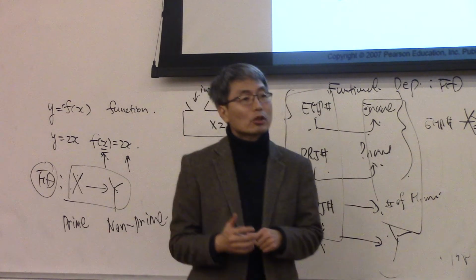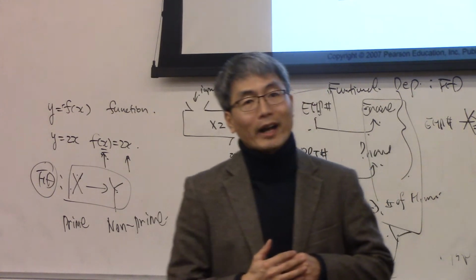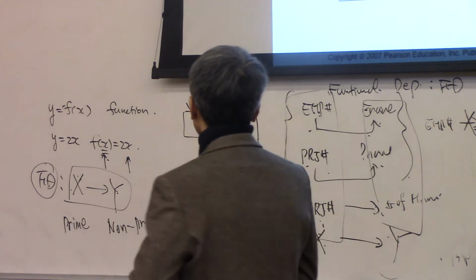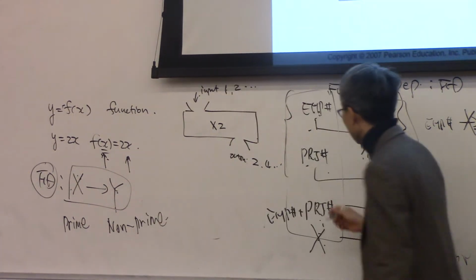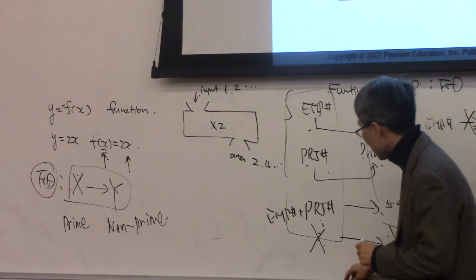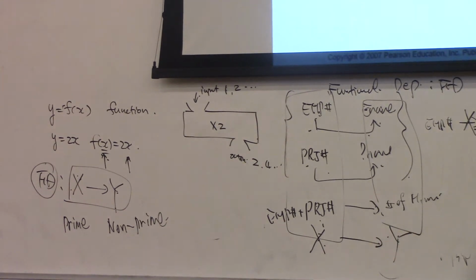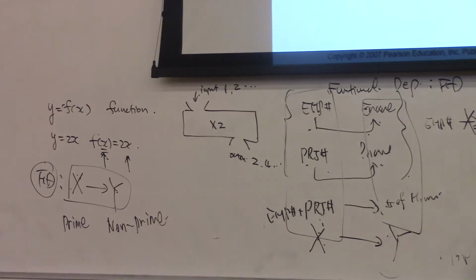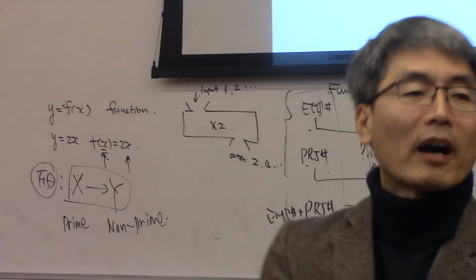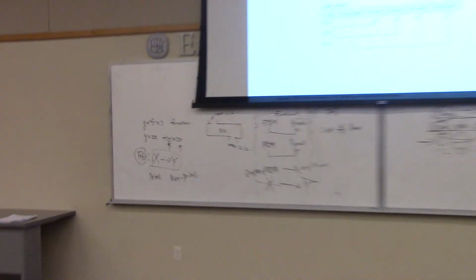So prime attribute determine non-prime attribute. However, what about, we will see another example here. So the first example, employee underbar DPT. So it is the database design. Okay. So we have the employee underbar DPT.